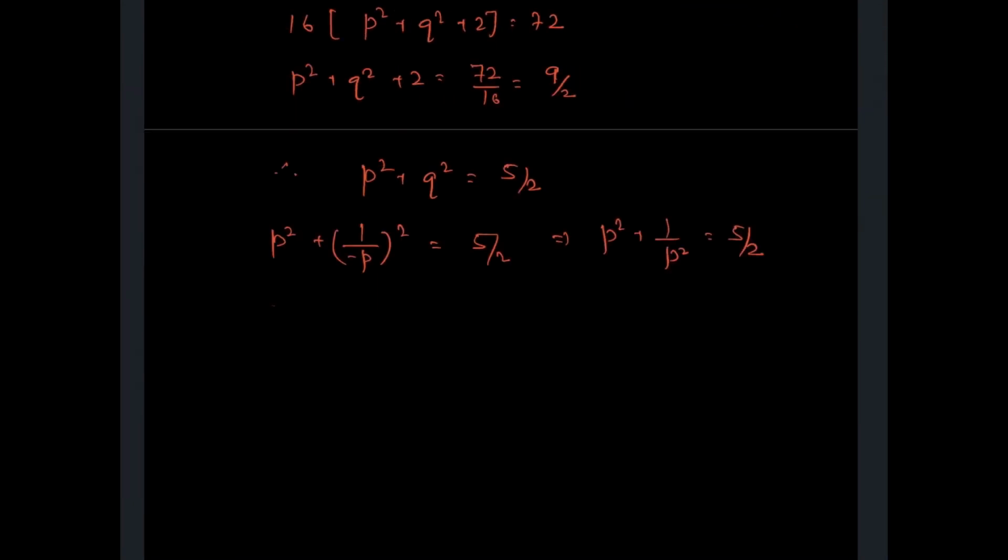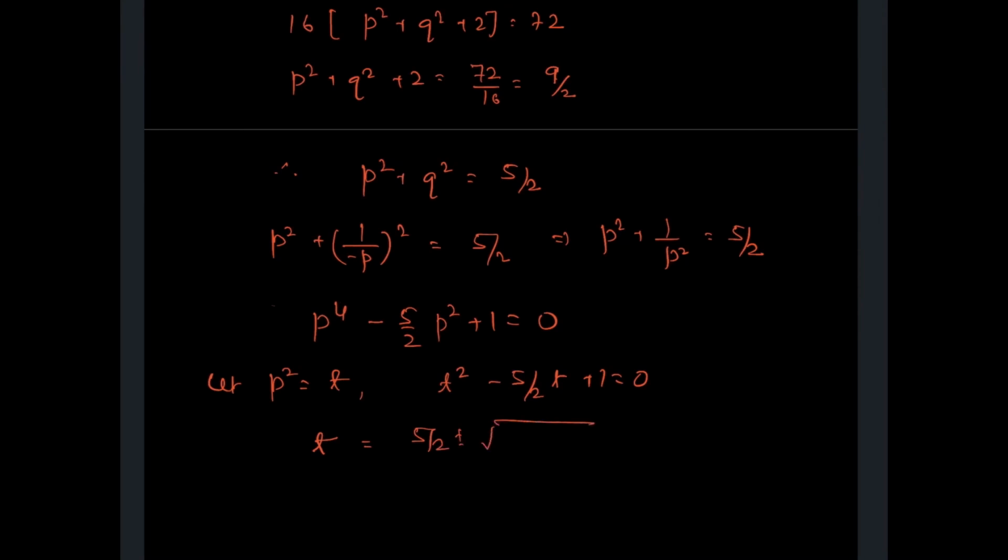Now this is a quadratic form, so this form will become this. Now if you let p square equal to t, you will get t square minus 5 by 2 t plus 1 is 0. So t is (5 by 2 plus minus square root of (25 by 4 minus 4)) by 2, which is (5 plus minus 3) by 4.